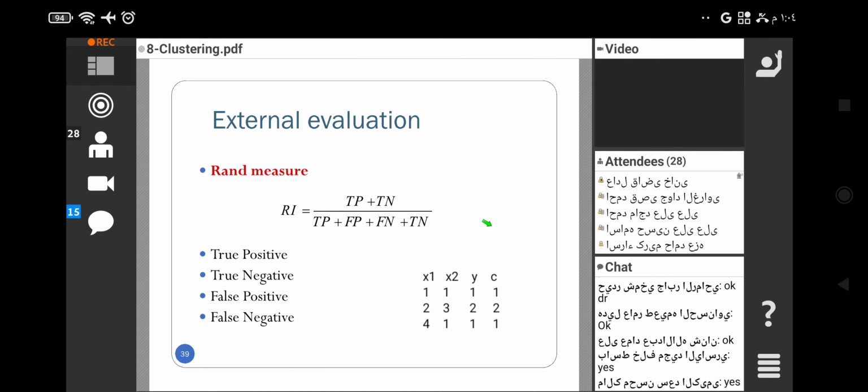If you have a clustering algorithm, you could use these methods to see how good the clustering is. If you have any questions about clustering, please ask.